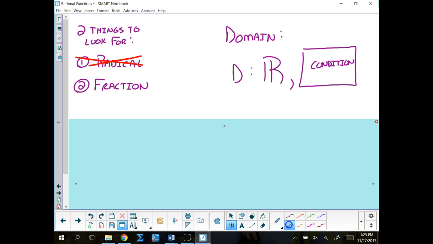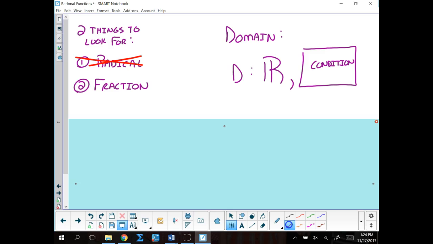And then there was only about 15% of people that got the domain questions right. Okay? That's how it looks. There is no changing that. From this day forward, if your domains don't look like that, are you right or are you wrong? You are wrong. Okay? That's how they look from this day forward.